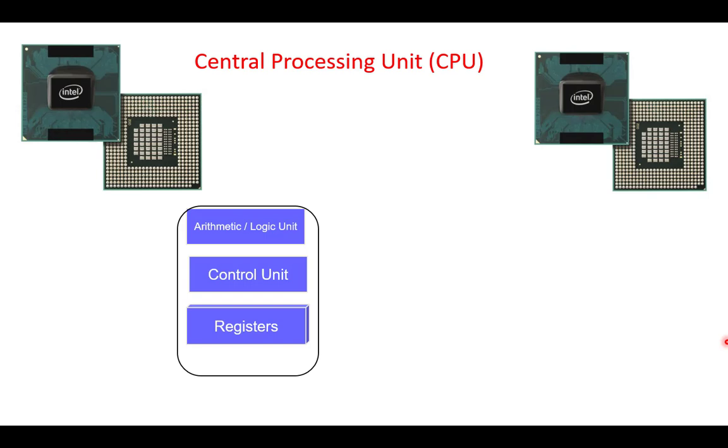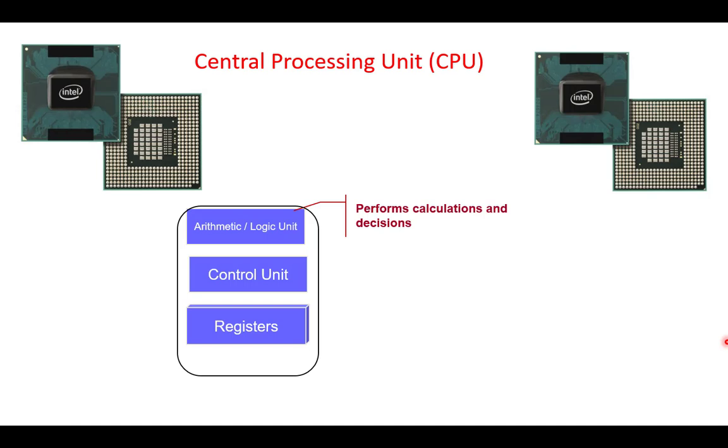The arithmetic and logic unit performs the calculations and decisions. It is like a calculator, performing all the mathematical functions and then the logical functions. Whatever instruction goes in is processed in the arithmetic and logic unit, which sends the result out. That is the job of the arithmetic and logic unit.